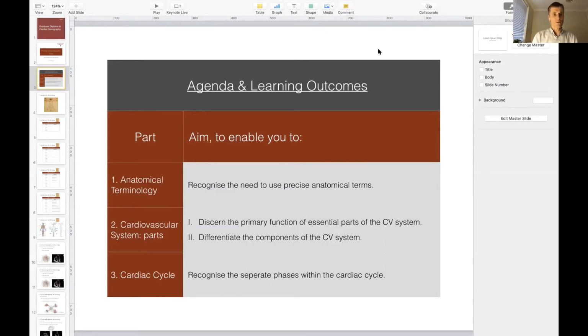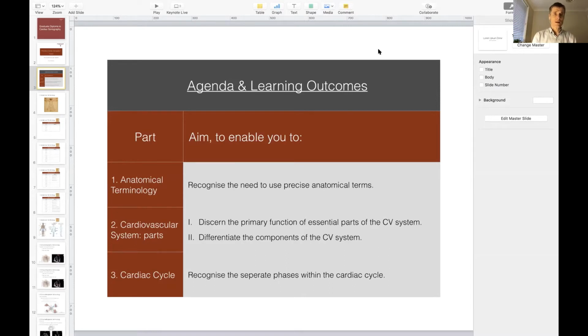And then secondly, with regards to the cardiovascular system, to help you to discern the primary function of essential parts of the cardiovascular system. That means to really appreciate what the main role of different elements of the cardiovascular system have, and secondly, differentiate between these components.